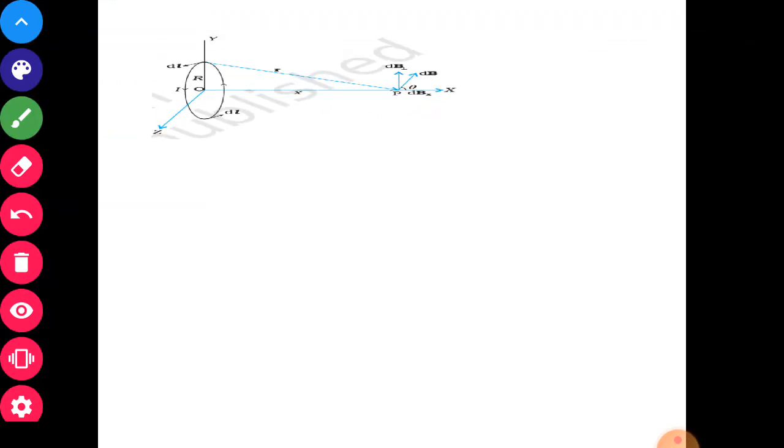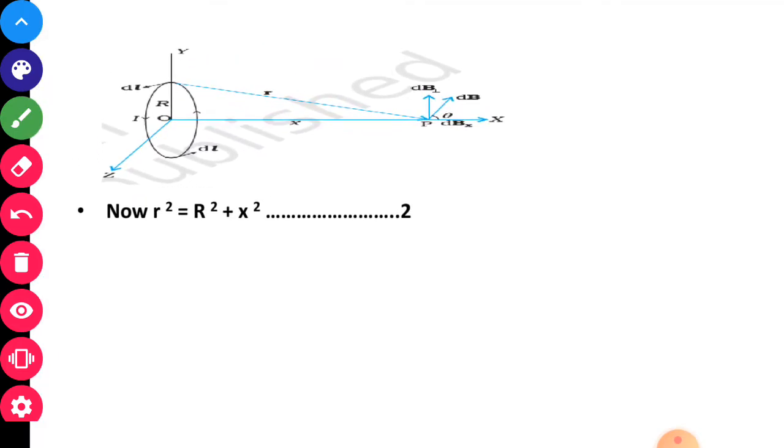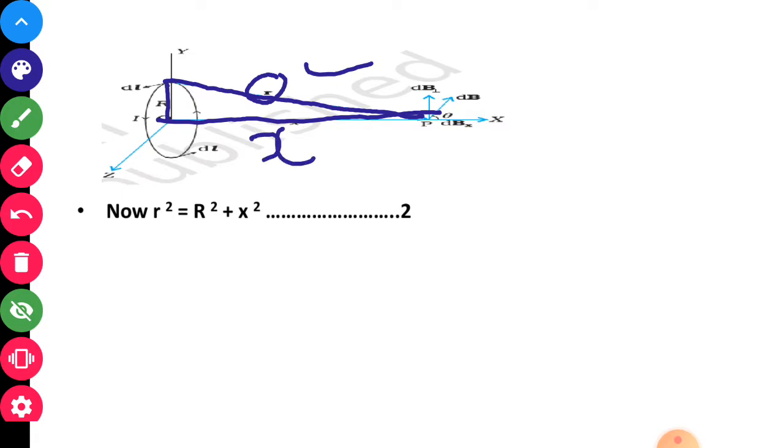Now this figure is clear, so we can find the value of r square easily with the help of the Pythagoras theorem. This becomes the hypotenuse for this triangle. So r square is equal to, this is your x and this is capital R, r square is equal to capital R square plus x square.